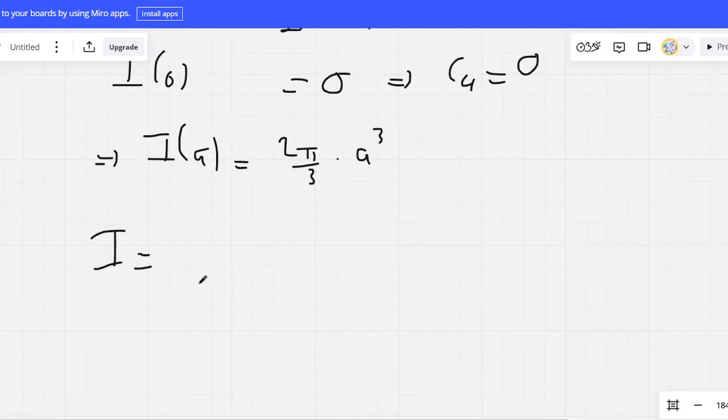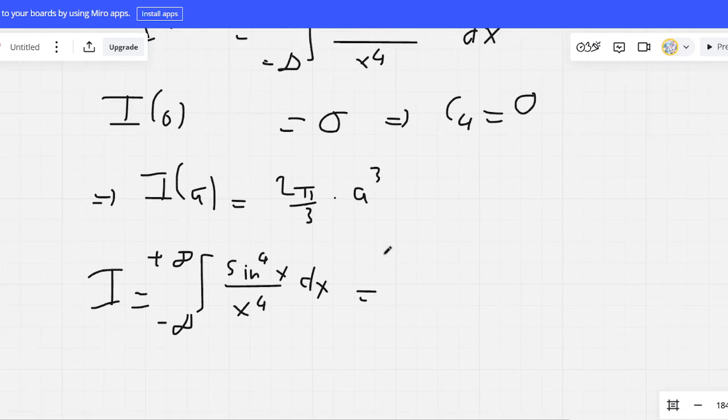The original integral is the integral from minus infinity to positive infinity of the fourth power of sine x divided by x to the power 4 dx.